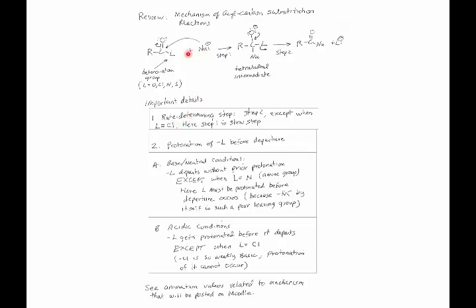The addition step is rate determining. And the reason is that chlorine is such a good leaving group. It's the best leaving group of all the other groups here. It's such a terrific leaving group that departure, step two, is fast. And that would therefore make step one slow.